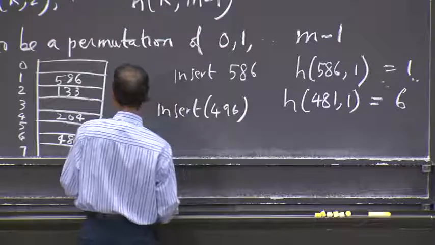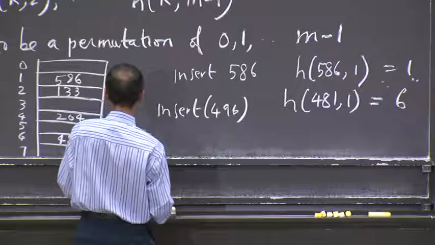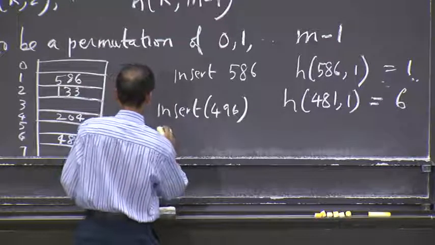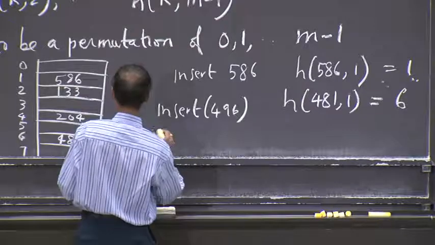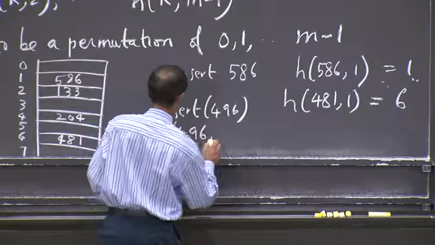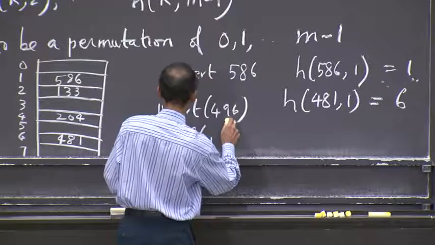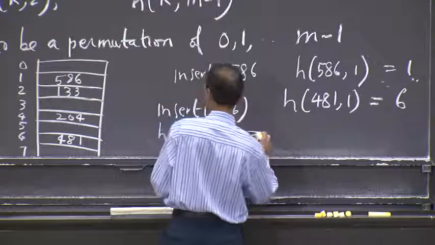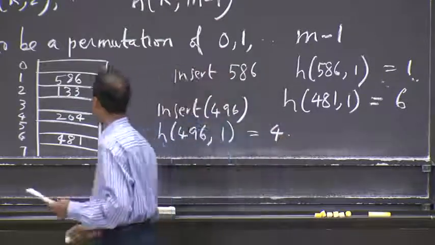And when I try to insert 496, I have h 496.1 happens to be 4. Okay?